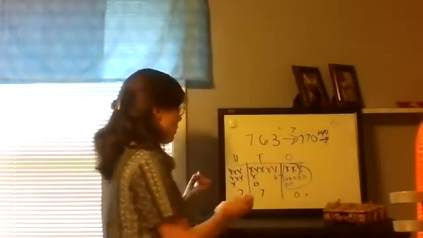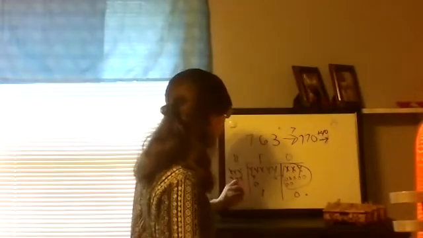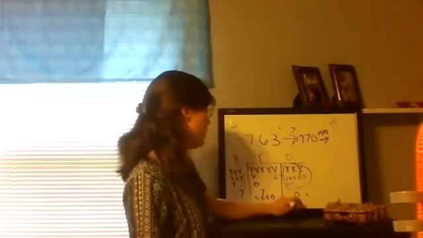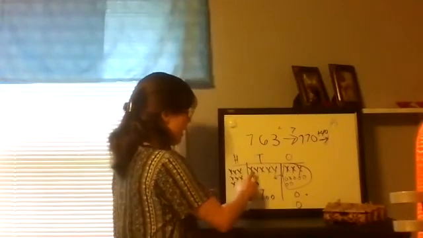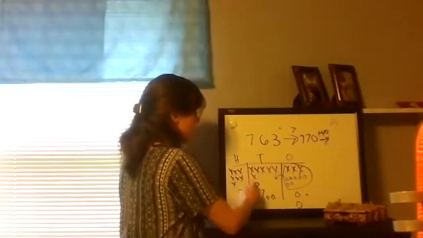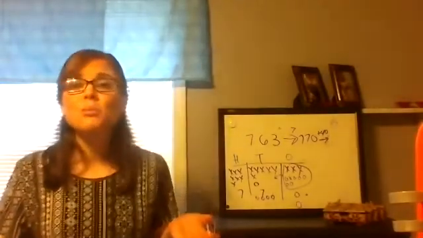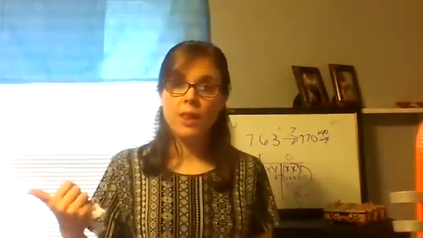I now need to add the 4 tens. Plus 40. So I'm going to come down here and I'm going to add 4 more tens. 1, 2, 3, 4. I haven't done anything to my ones, so I still have 0 ones. But now I have 1, 2, 3, 4, 5, 6, 7, 8, 9, 10, 11 tens. That's too many. We need to move some over to the hundreds.